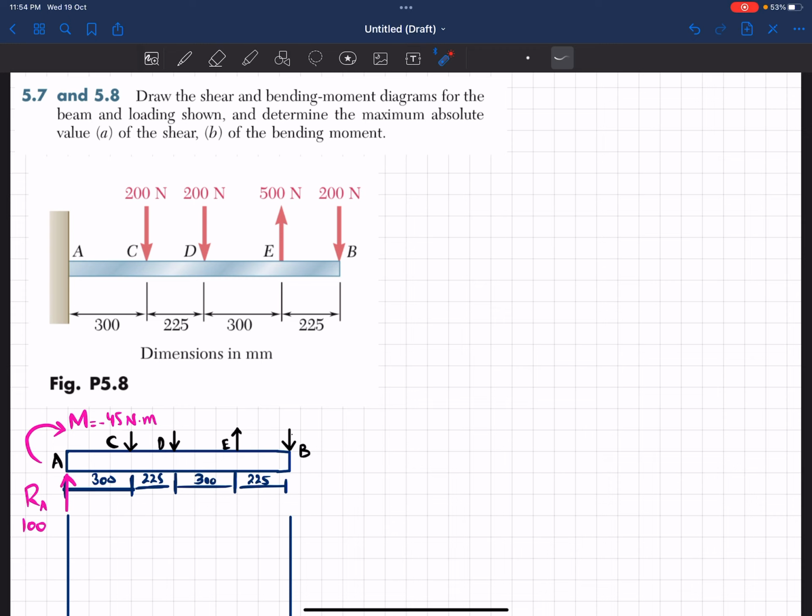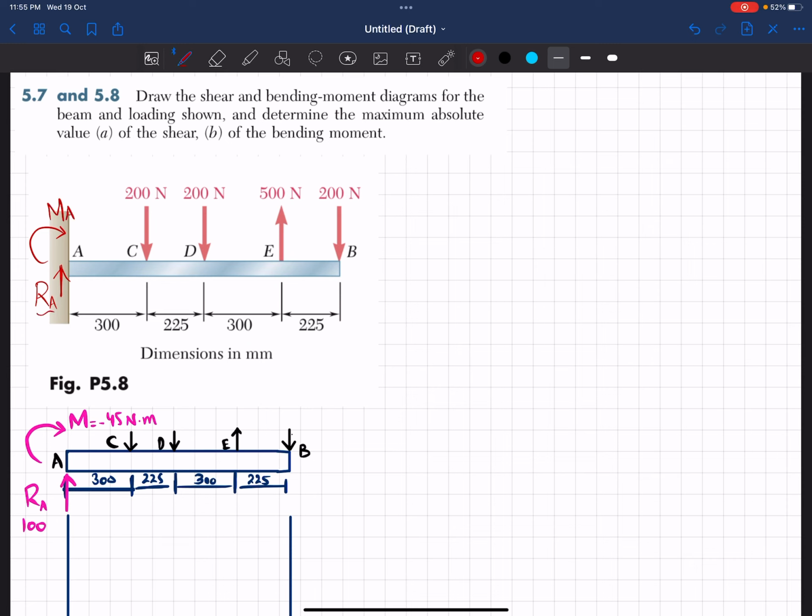As we know, this beam is a cantilever beam that has a fixed support at end A. If you replace this fixed support, there will be a reaction force, represented as RA, and a moment, represented as MA.